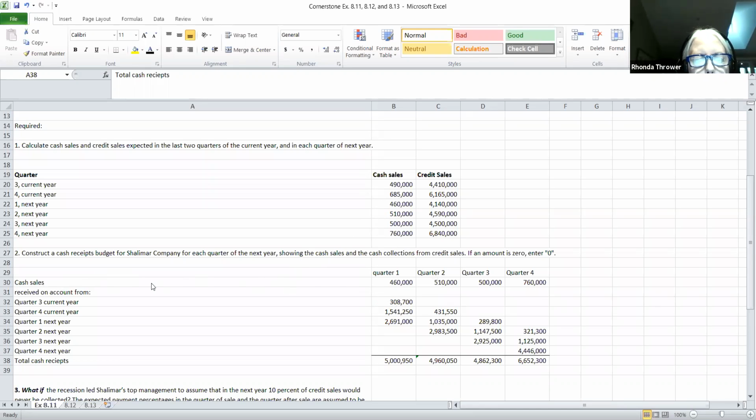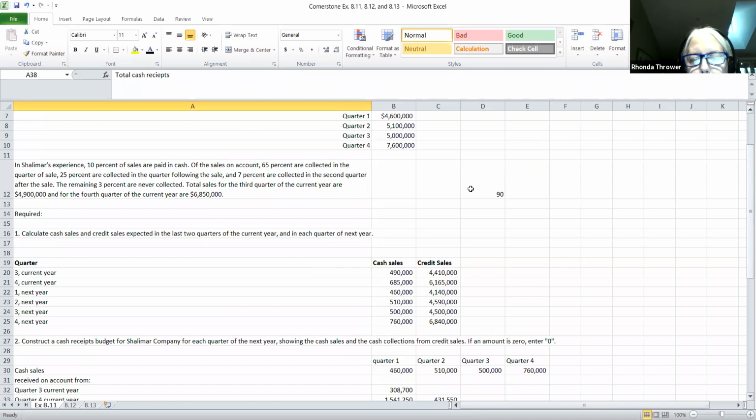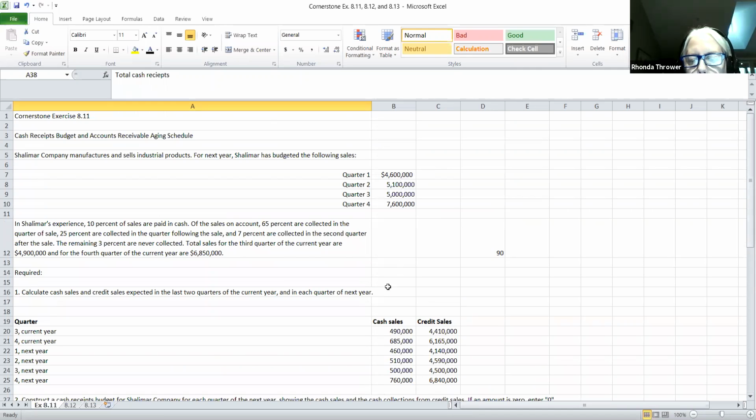All right, so going back to our cash sales, our cash sales for quarter one in the next year are 460,000. So I simply copied the 460,000 there. You'll remember that your cash sales were 10% of your total sales for quarter one, and the sales for quarter one were 4,600,000.